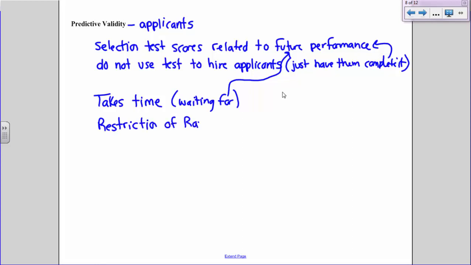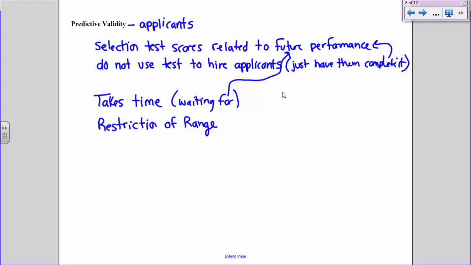So what that basically means is that you will not have the full range of scores available to you, because it's really difficult to see how well your selection tool predicts poor performance, because those poor performers are not typically hired, assuming your current selection system works well at predicting performance.